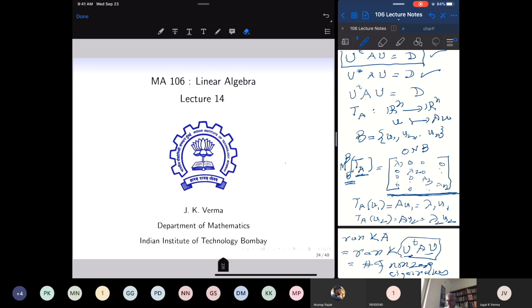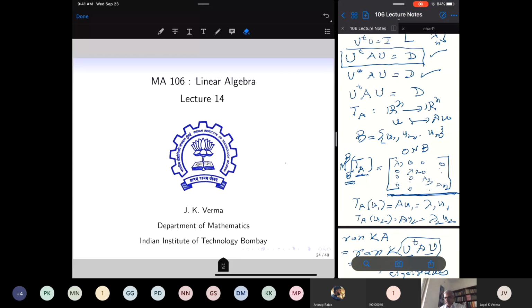So you can read the rank very easily if you change the basis to the orthonormal basis of eigenvectors. So that's the utility of the spectral theorem, that your given linear transformation has a very simple form if you change your basis. All right, so let us start proving these theorems, and then we will see many applications.